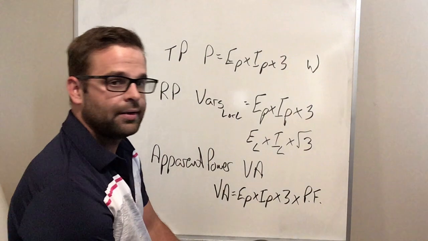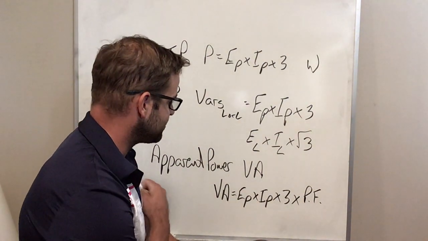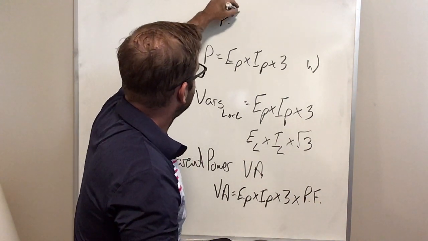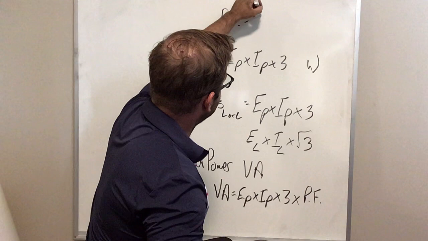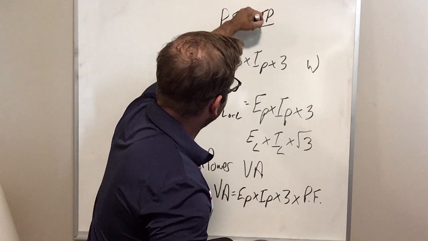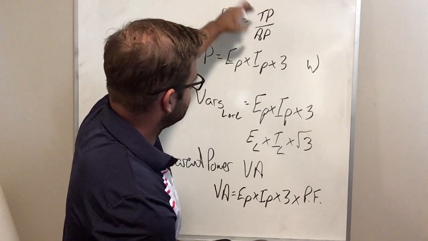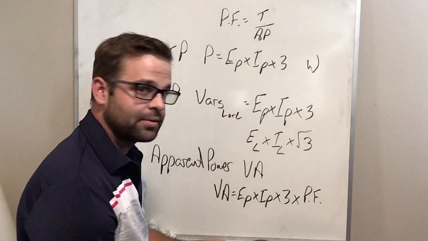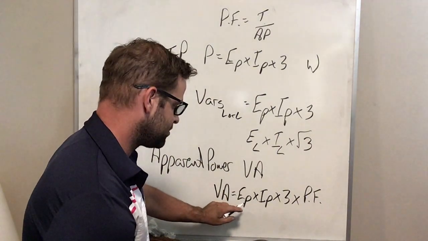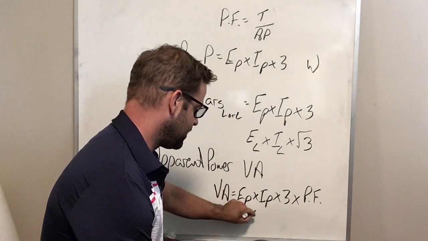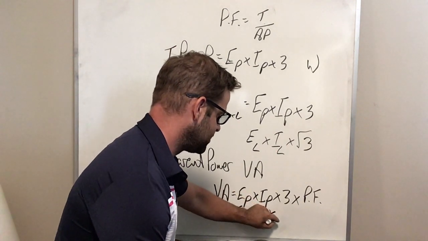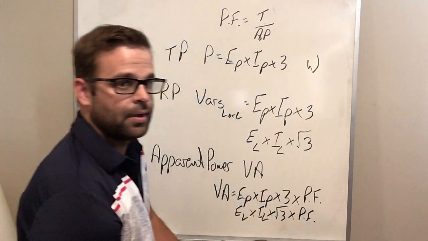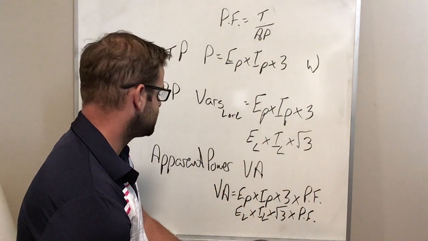So we have to look at the power factor in that specific case. And in looking at power factor, if you remember, power factor is equal to our true power over apparent power. So those are some additional formulas you would need to remember, and then there also is the variation of the E line times I line times root 3 times our power factor. So make sure you commit those into memory.